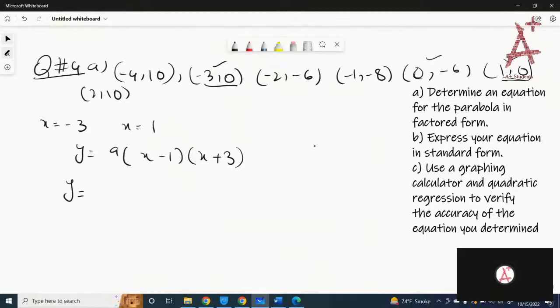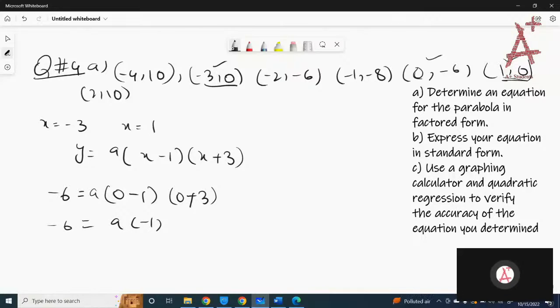Y is negative 6. So let's put in the point: negative 6 equals a times (0 minus 1)(0 plus 3). 0 minus 1 is minus 1 and 3 plus 0 is 3.